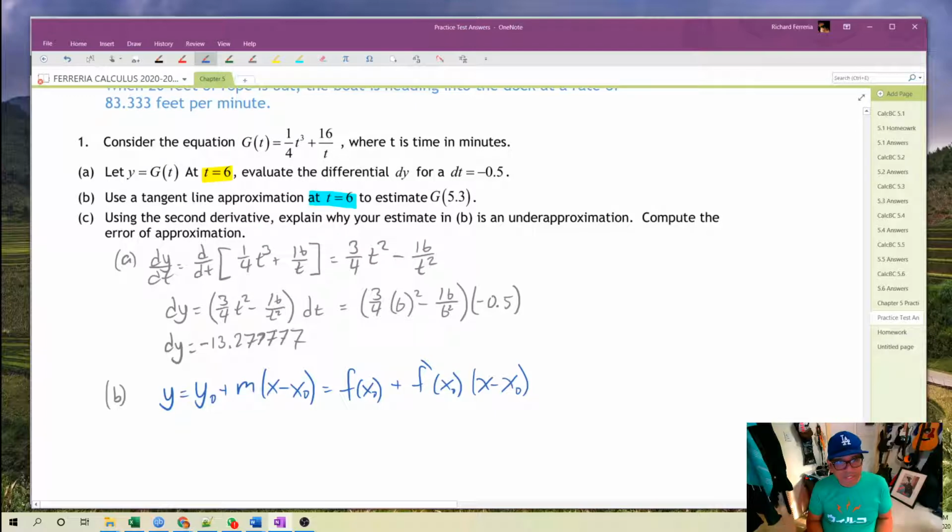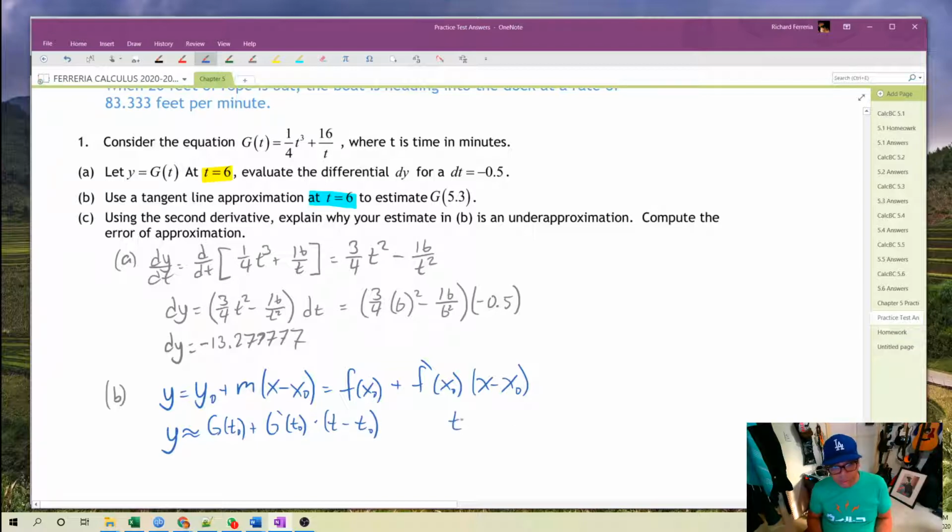Well, we don't have x's, we have t's. So that means our tangent line equation would be y, and this is now going to be an approximation. That's going to be f of t naught. Oh, nope, sorry, not f, we have g. g of t naught plus g prime of t naught multiplied by t minus t naught.